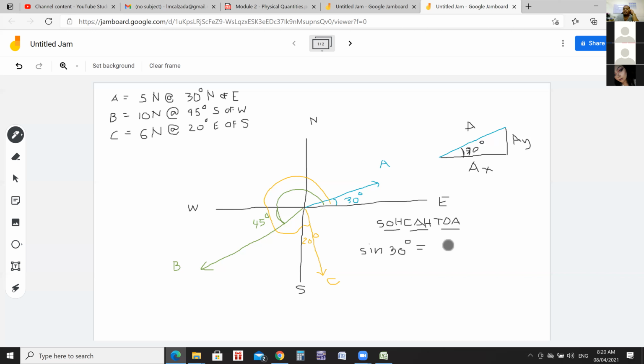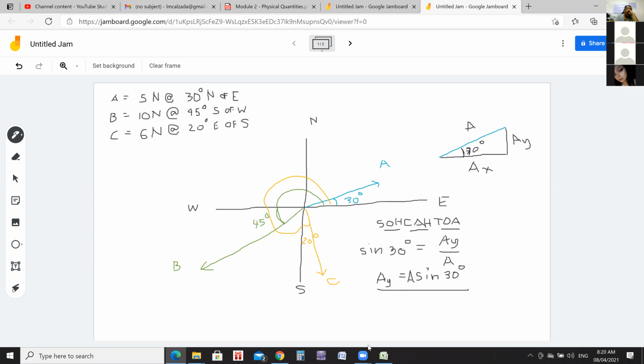So we have AY all over A. Transpose, we have AY is equal to A sine 30 degrees.